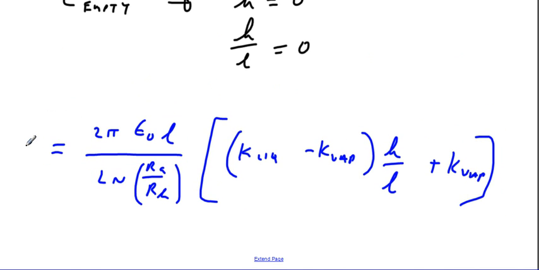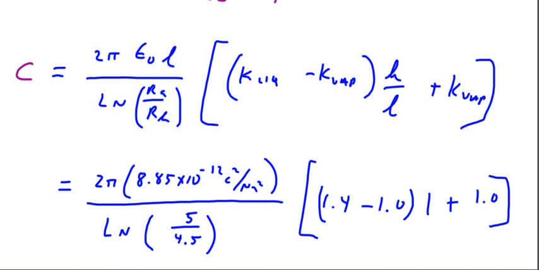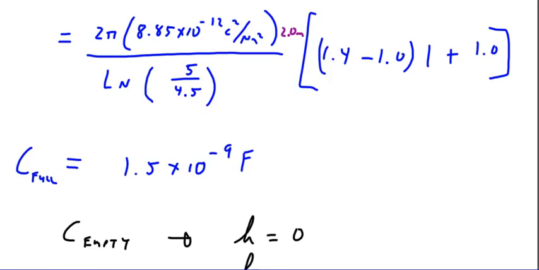And now I'm going to find capacitance empty. That guy is going to be 0. Where's my L? 2 meters. Where is my 2 meters? Okay, so I needed 2.0 meters in there, which I'm sure that I had.